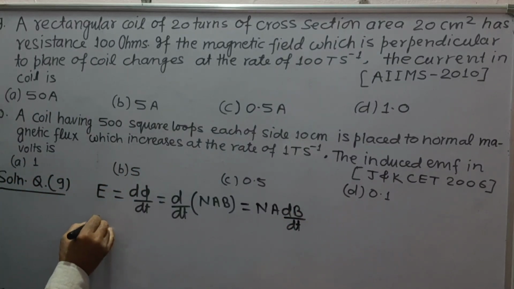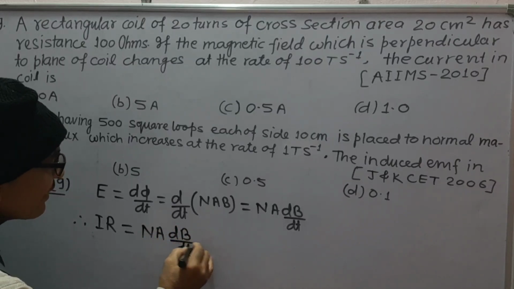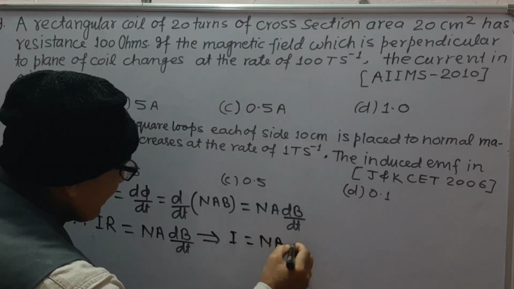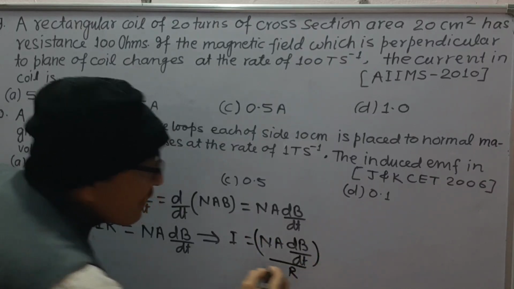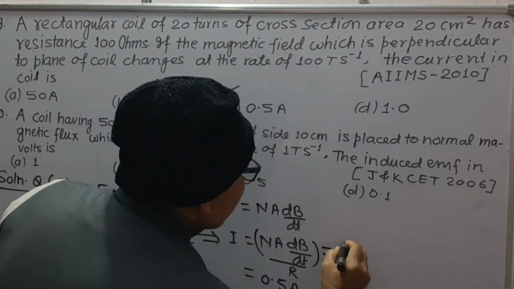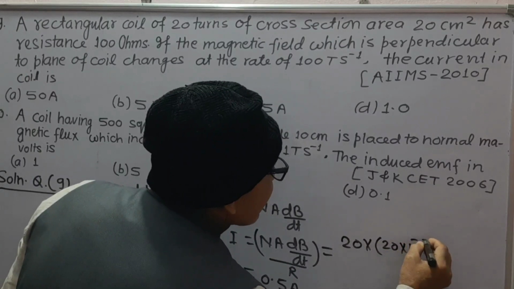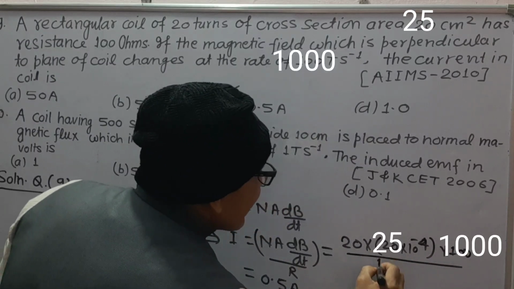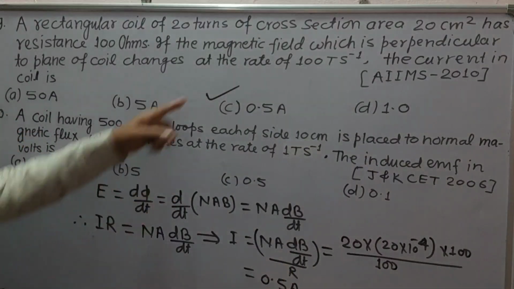Again E can be written as I into R from Ohm's law, therefore current I is N A dB by dt upon R. Putting the corresponding values, we get N is 20, A is 20 cm square means 20 into 10 to minus 4 and dB by dt is 100 upon resistance is 100, which gives 0.5 ampere. So the correct option is C.